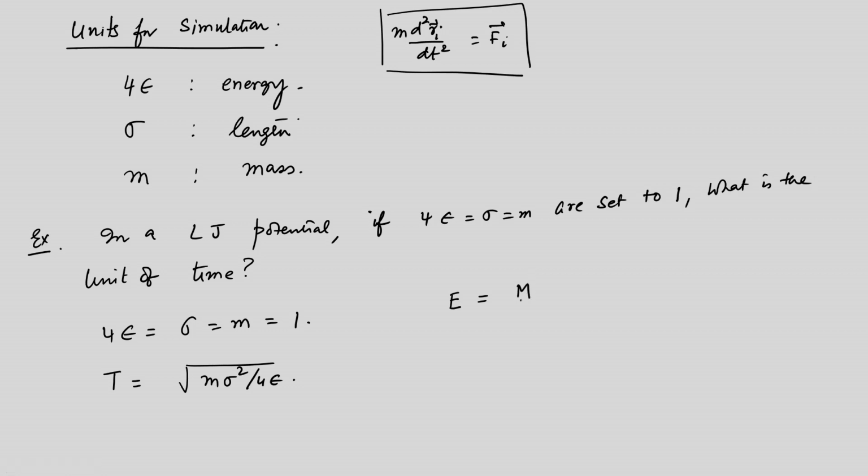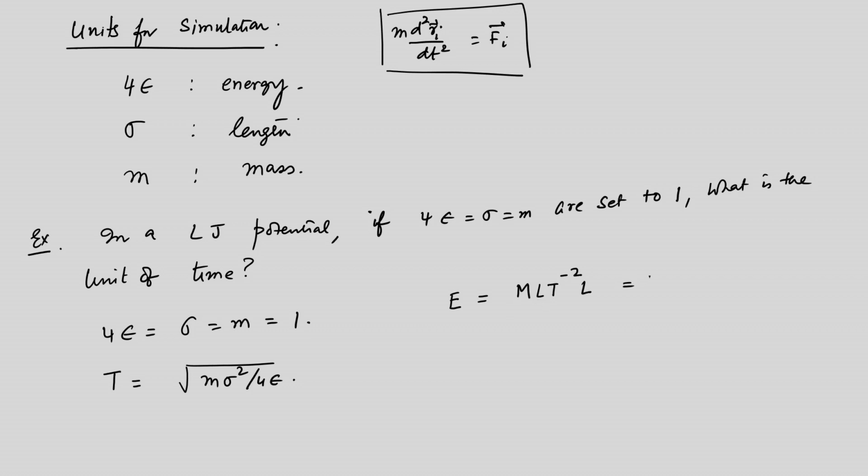So, g is acceleration due to gravity, so we will write it as m L t to the power minus 2, because it is meter per second square. And h is again length. So, we are talking about mgh; nevertheless you can take half mv square also, does not matter.